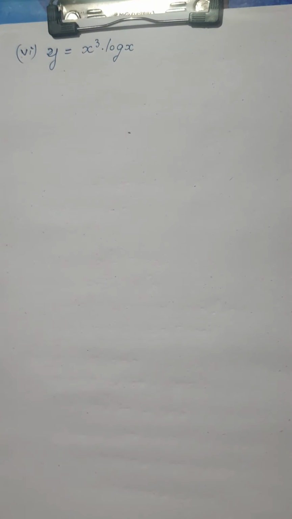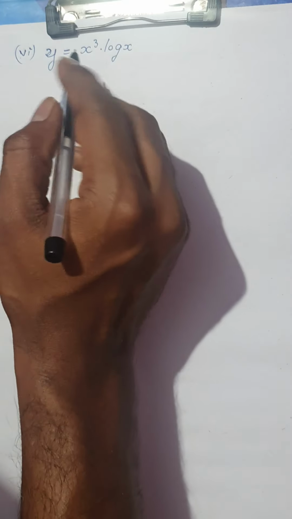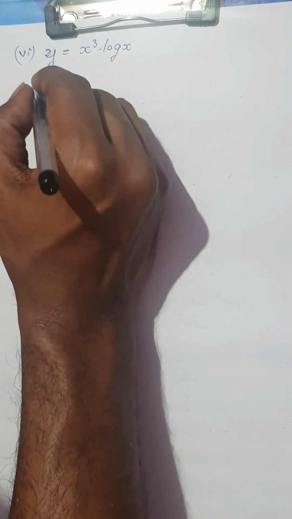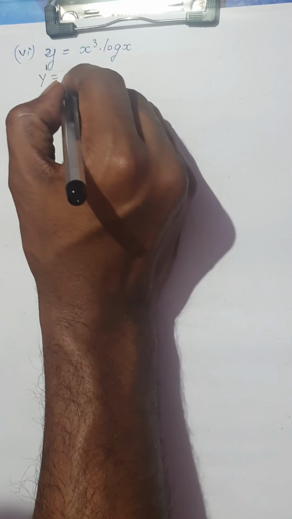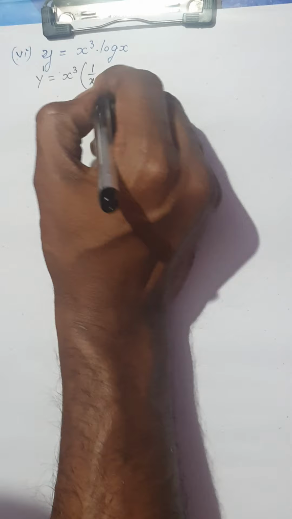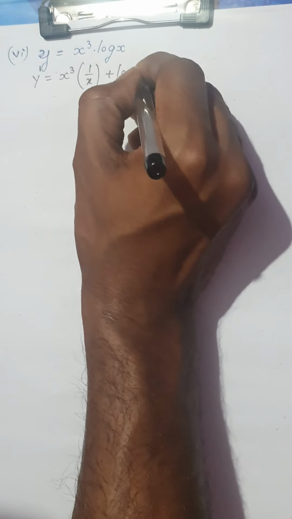So consider the next question. I have y is equal to x cubed into log x. Remember we are solving the exercise questions from exercise 5.7. So first derivative, that is y dash, would be, remember this is a product of two functions, so keep x cubed as it is. Derivative of log x is 1 by x, isn't it? Plus now keep log x as it is.